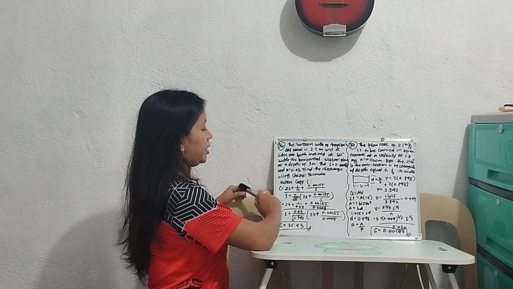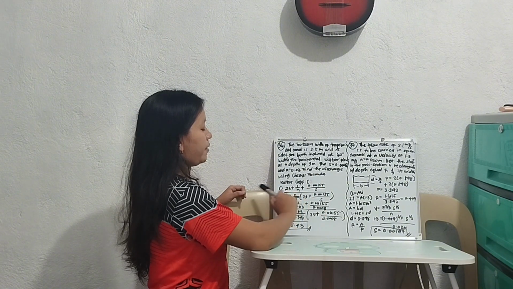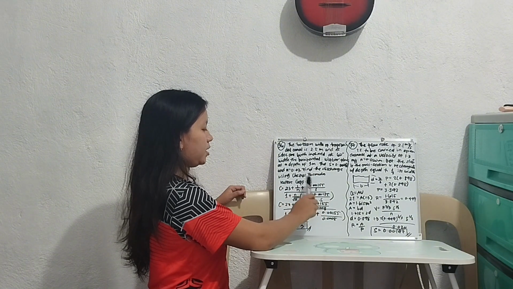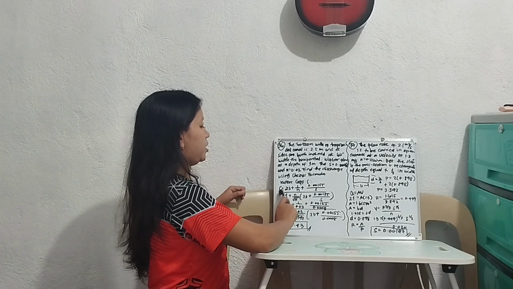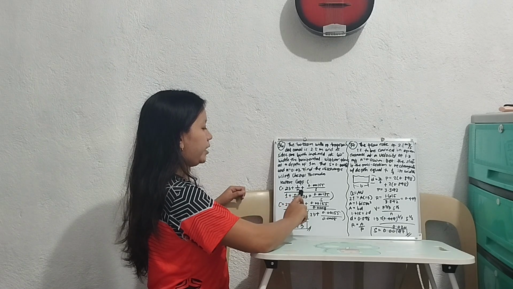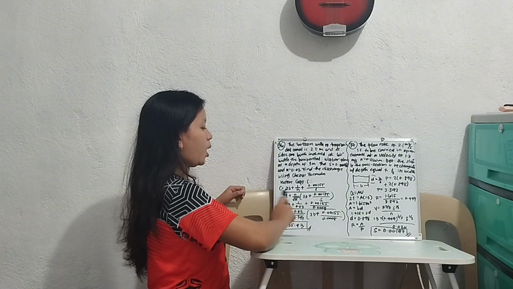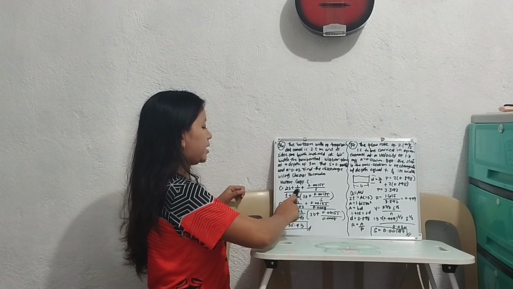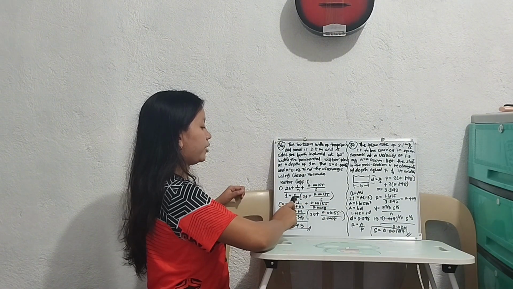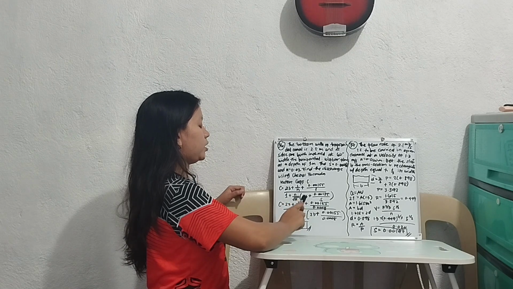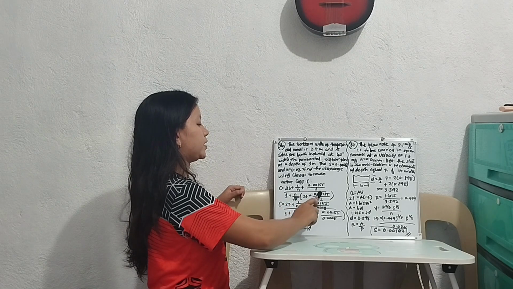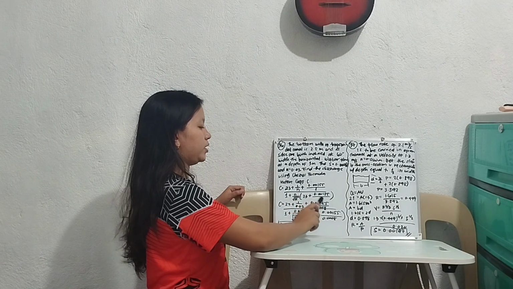So the Chezy formula, we need to have a formula for the Kutter coefficient C. So the formula is C equals 23 plus 1 over N plus 0.00155 over S, all over 1 plus N over the square root of the hydraulic radius times 23 plus 0.00155 over the slope.